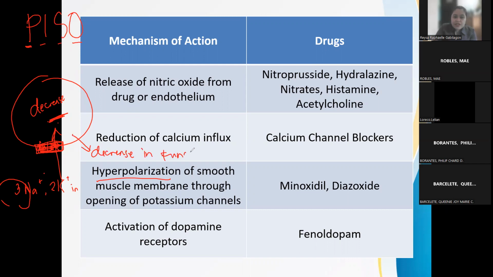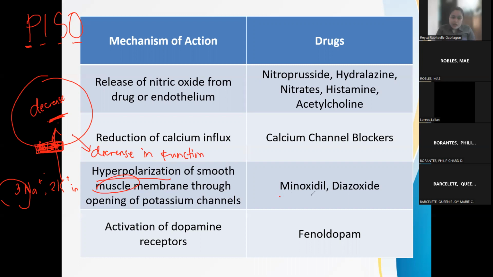So in the case of muscle, pag nag-decrease yung energy dyan inside, magiging more negative siya kasi mas daming sodium ang lumabas kaysa sa potassium na pumasok, magre-relax yung muscle. Magde-decrease yung kanyang function.